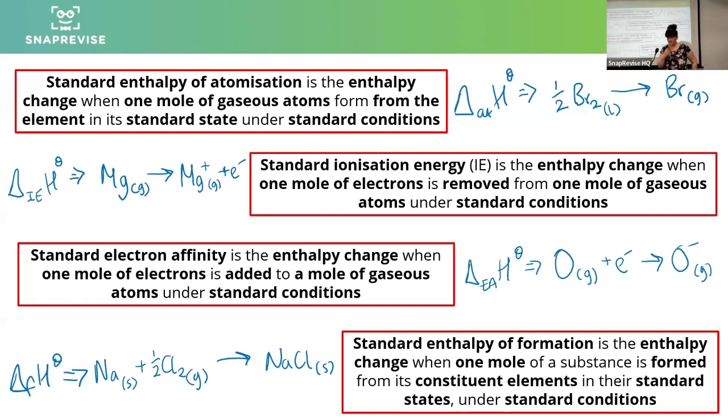So again, there are some similarities, but it is not the same as lattice enthalpy of formation. This process comes from elements in their standard states going to the ionic solid, and lattice enthalpy of formation is coming from gaseous ions to the ionic solid. The enthalpy change for those two processes is different.